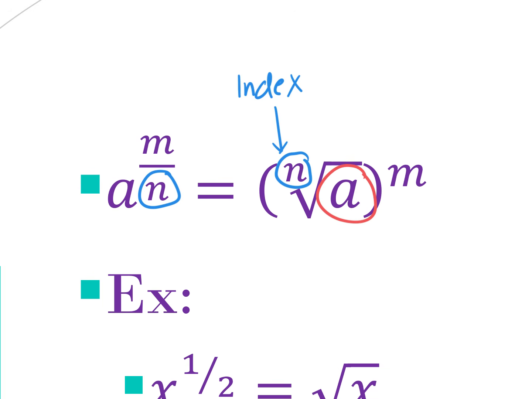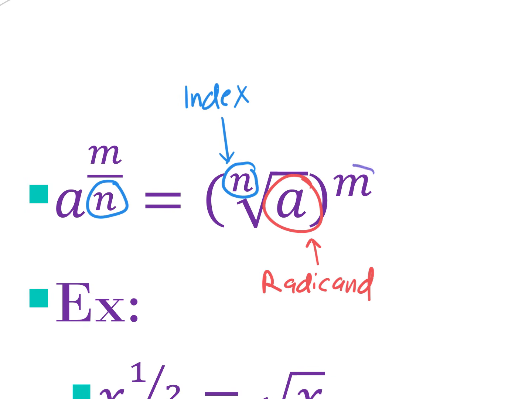All right, this number underneath the radical, we call that the radicand. And then very simply, this m is just your exponent. All right, so the number on top of the fraction is just going to stay the exponent. The n on the bottom is going to become the index of your radical.